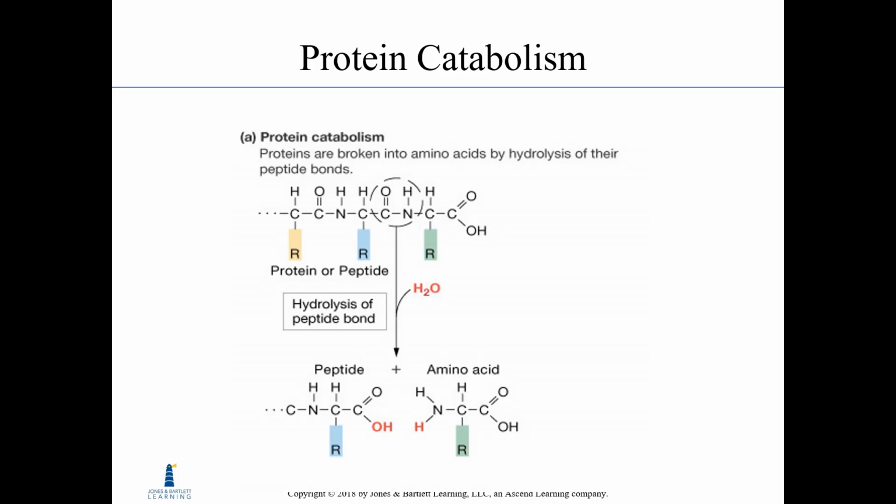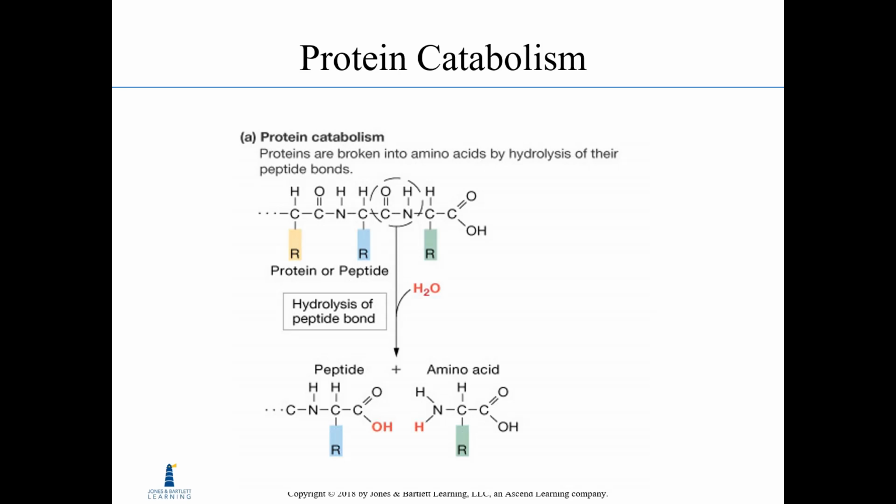Protein catabolism, or breaking apart proteins, is another component of human health, and this is something that we're going to talk about in a future lecture when we get into non-protein nitrogen and urea wastes and kidney function and all that type of good stuff. So when proteins are broken down, they're broken down by separating amino acids from one another. When we break apart an amino acid, we do that with hydrolysis.